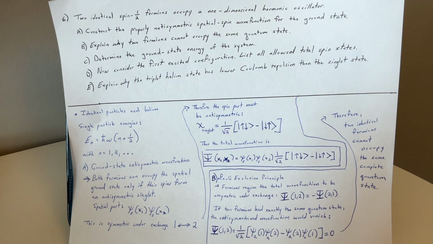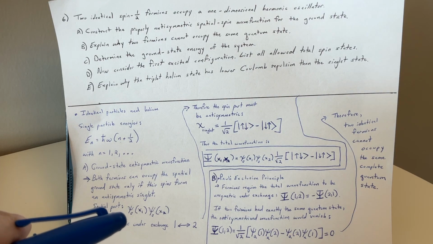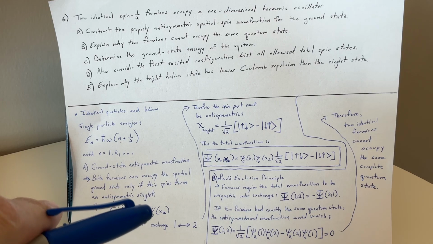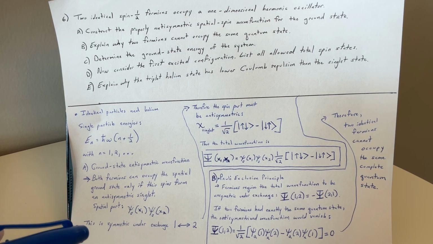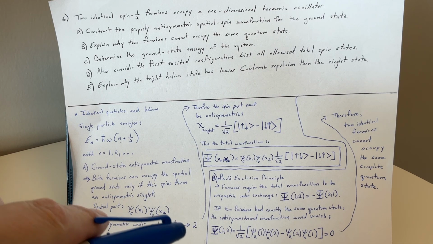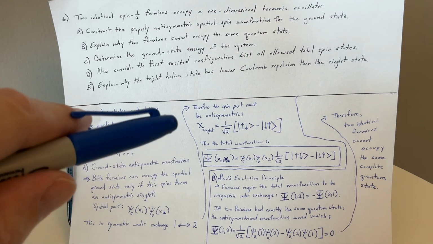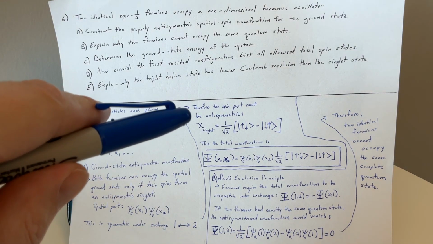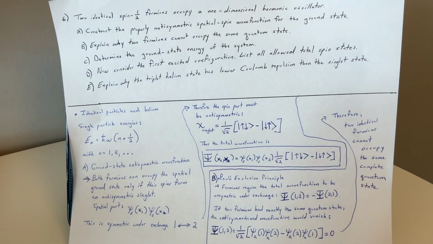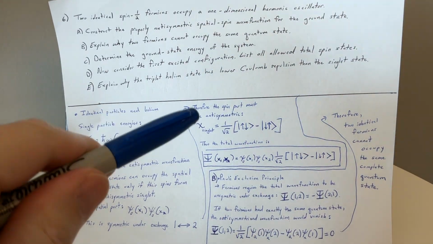Both fermions can occupy the spatial ground state only if their spins form an antisymmetric singlet. And here's our spatial part. That's psi naught of x of 1 times psi naught of x of 2. This is symmetric under that exchange, 1 to 2, 2 to 1. Therefore, the spin of that must be antisymmetric.